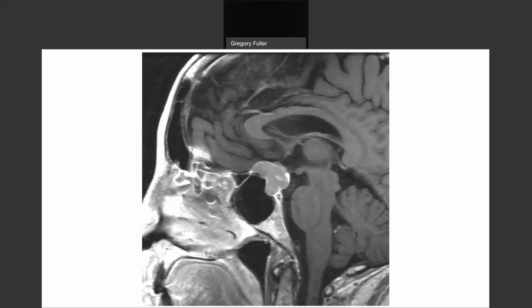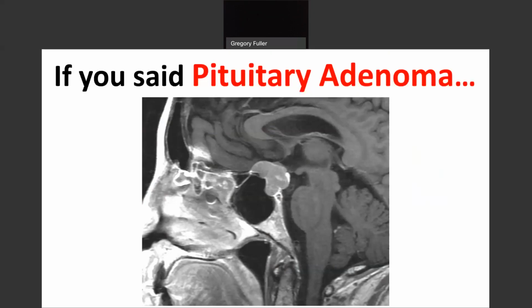All right. Here's my first point. If you said pituitary adenoma for this morphology, I will agree with you that pituitary adenoma absolutely is in the differential diagnosis, but this is not the shape that 99.9% of pituitary adenomas grow when they come out of the sella, through the diaphragma sellae into the suprasellar cistern.